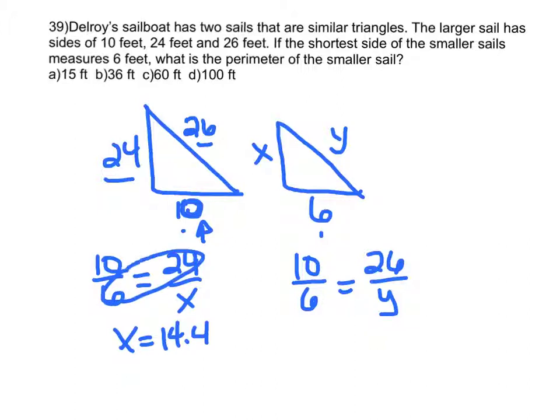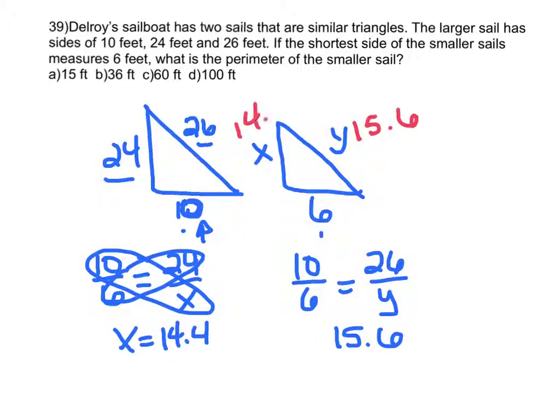Remember, we're multiplying. And then when we figure out our y, it's going to be 15.6. So if I label them here, perimeter means you add up all of the sides. So if you add all of those up, you're going to get 36. And that is your option B.